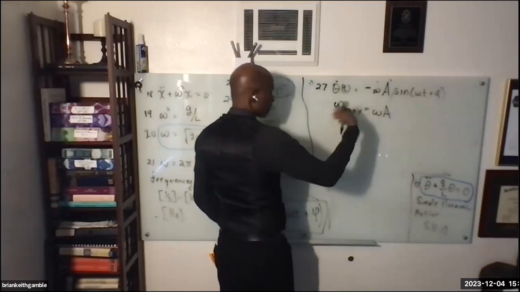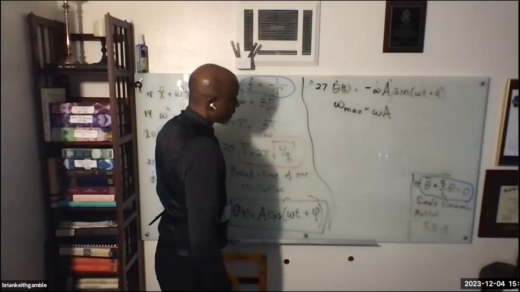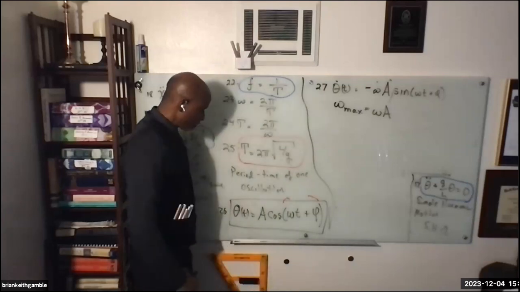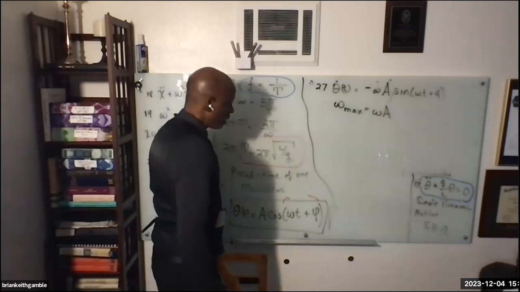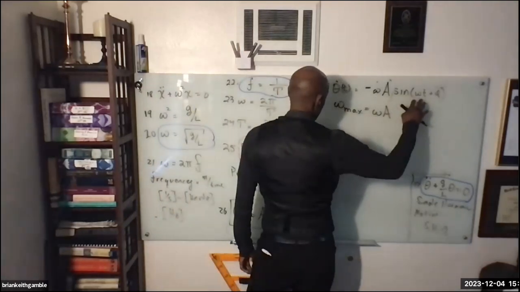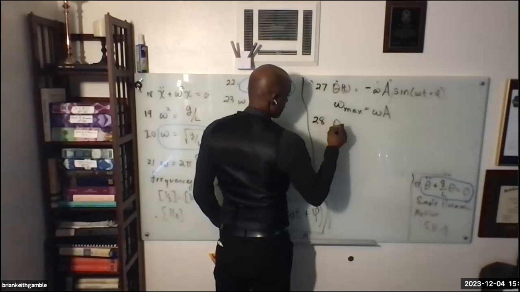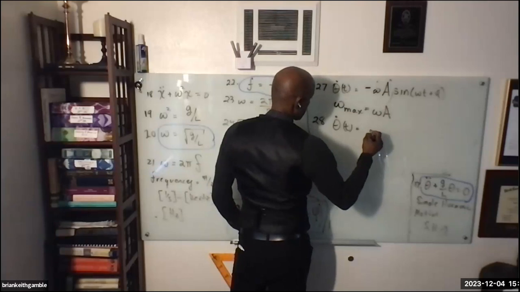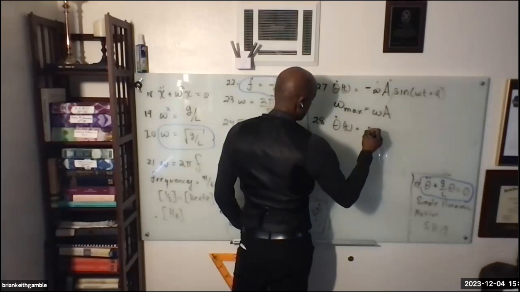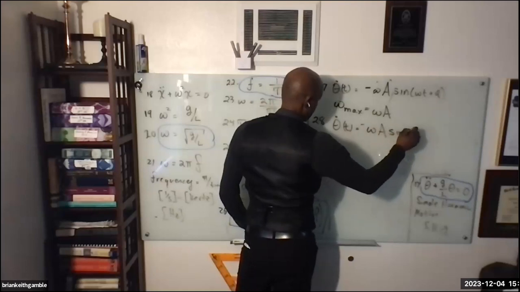So you could write that in terms of the max amplitude, but I'm going to keep it like omega A. But you start to see a symmetry here. The coefficient that multiplies the position function is the maximum amplitude. The coefficient that multiplies the velocity function is the maximum velocity. So theta dot is equal to minus omega A times sine of omega t plus phi.